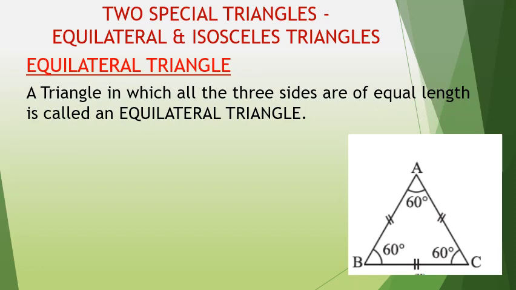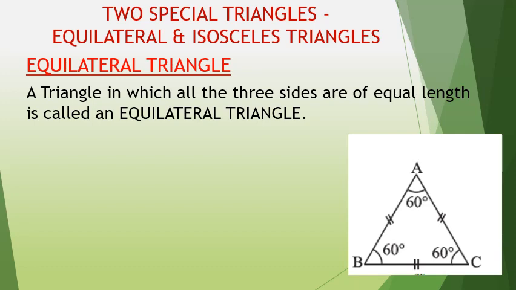A triangle in which all the three sides are of equal length is called an equilateral triangle. The word equilateral means equal, that means the length of sides are equal in a triangle. Such a triangle is called an equilateral triangle.